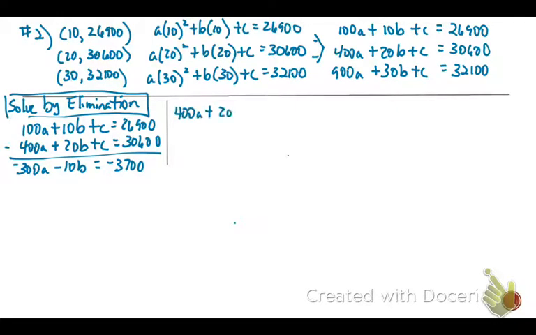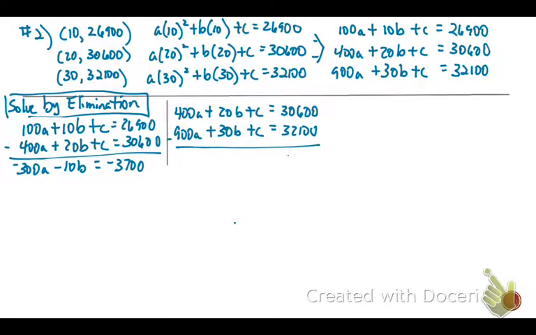Now I'm going to combine my second and third and subtract again to eliminate my c's. So I'll get negative 500a minus 10b equals 1,500. Now I'm going to combine these two variable equations. I notice that my b terms are exactly the same, so all I need to do is subtract.